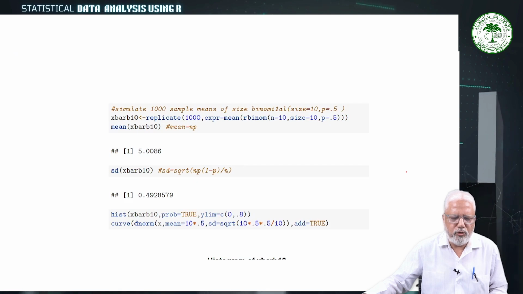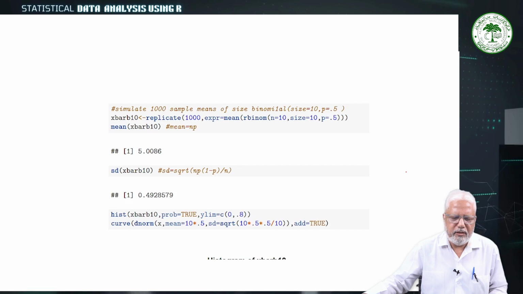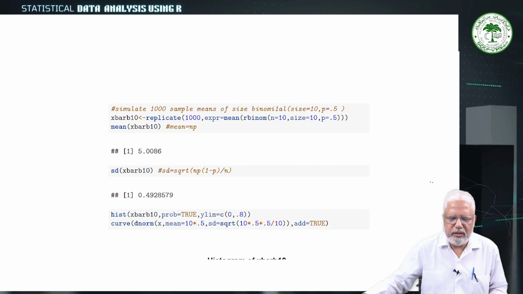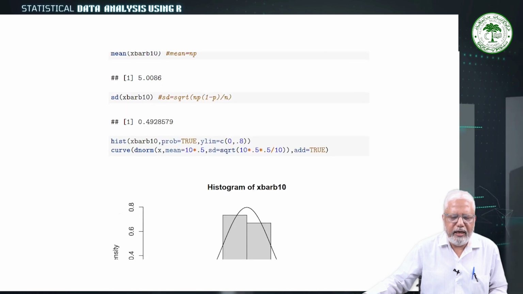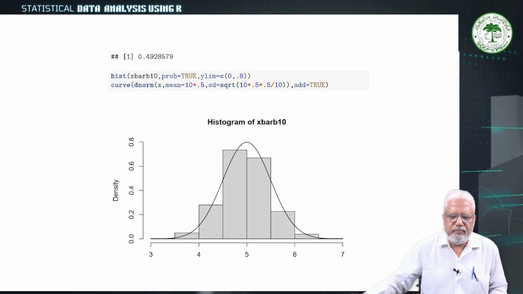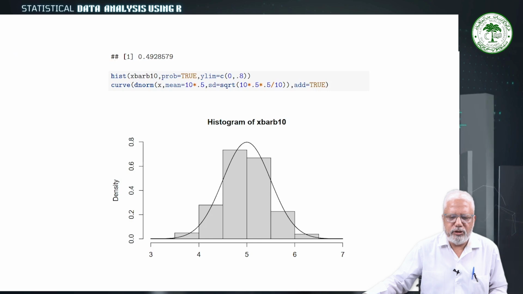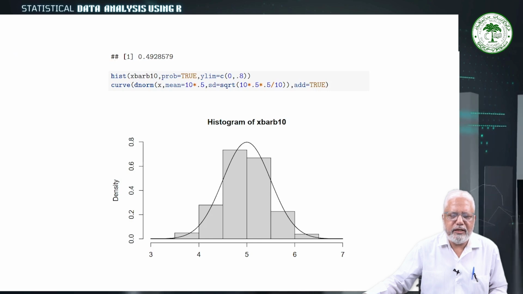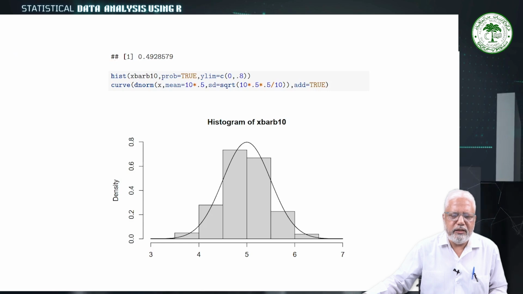So, these are the 1000 random observations of sample mean, with prob equal to TRUE and ylim equal to 0.08. And then we are adding a curve. This histogram is made on the basis of the simulated data and this curve is the exact curve. So, the exact curve we are adding, and that is dnorm.